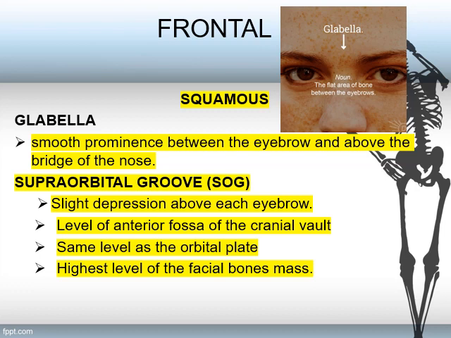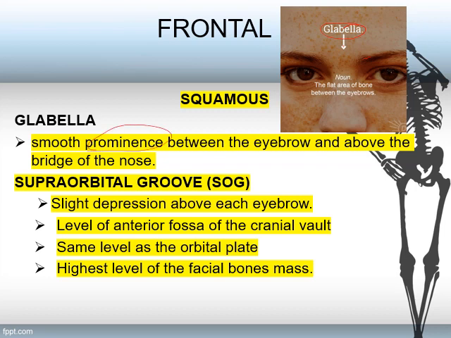So, ito yung sinasabi kong glabella kanina. So, ito siya. Just above the center of the two eyebrows. So, ito yung eyebrows natin. Ito yung center niya. Just above it is what we call the glabella. Glabella is a smooth prominence. Pag sinabing prominence, medyo nakausli siya.